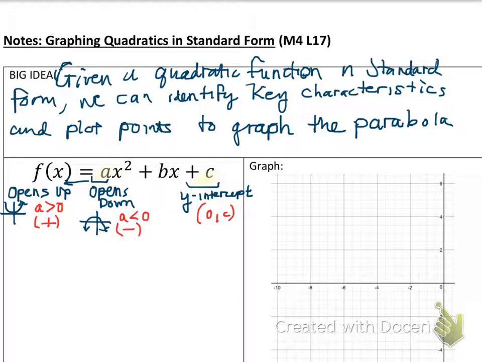The second thing that the a value is telling us about is the width of our parabola. So it's going to tell us if we have a vertical shrink or a vertical stretch.